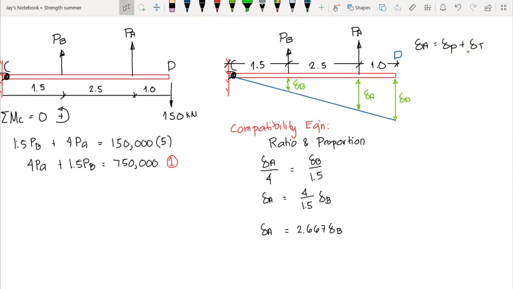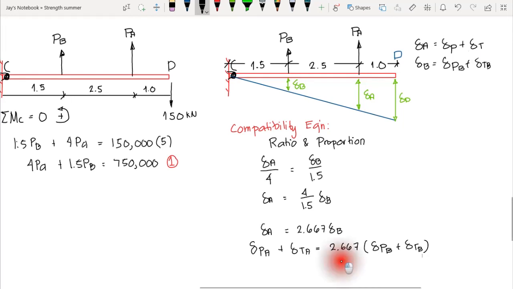So our deformation at A is equal to the deformation due to axial load at A plus the deformation due to the change in temperature at A, is equal to 2.667 times the same with the deformation at B, which is still a combination of the axial load deformation at B plus the deformation due to the change in temperature at B. So this is our simplest form for our compatibility equation.